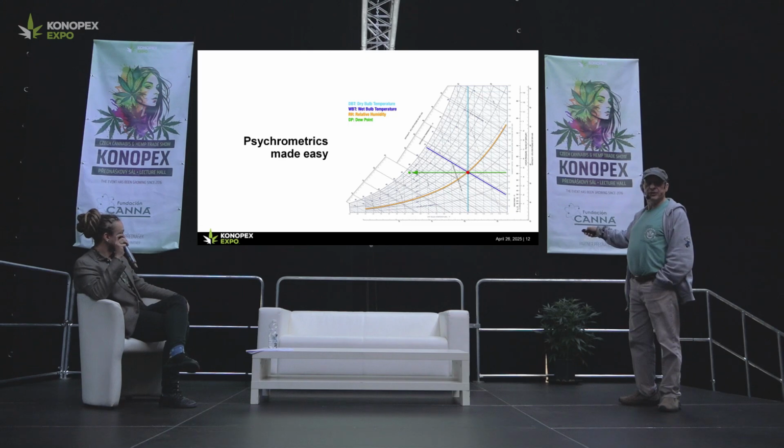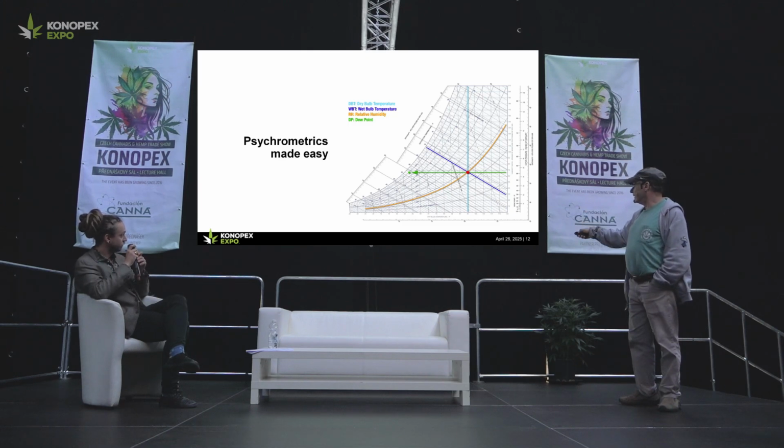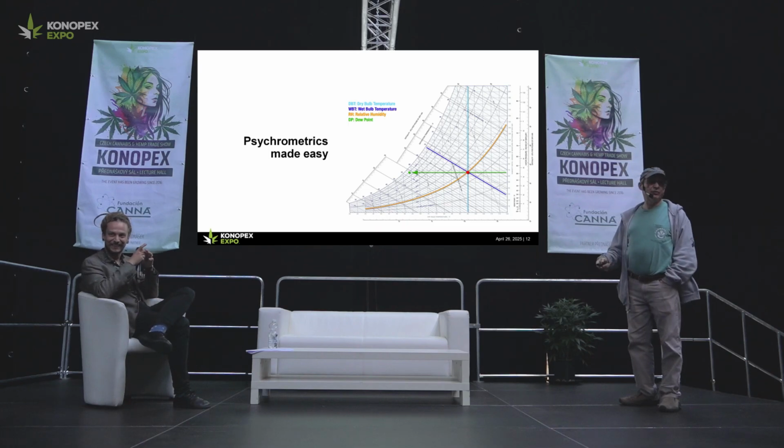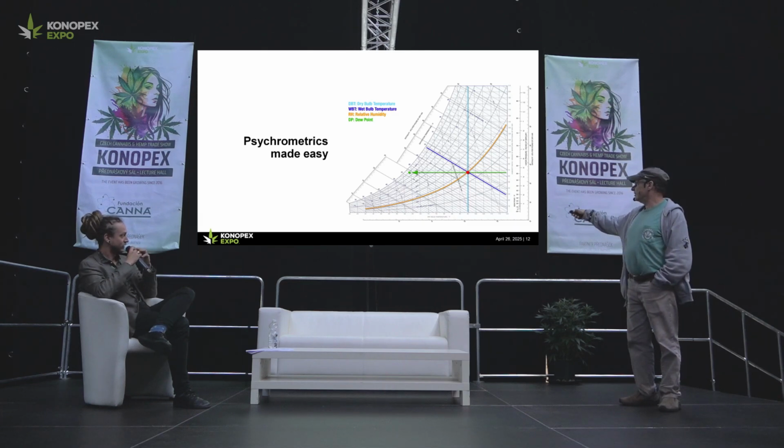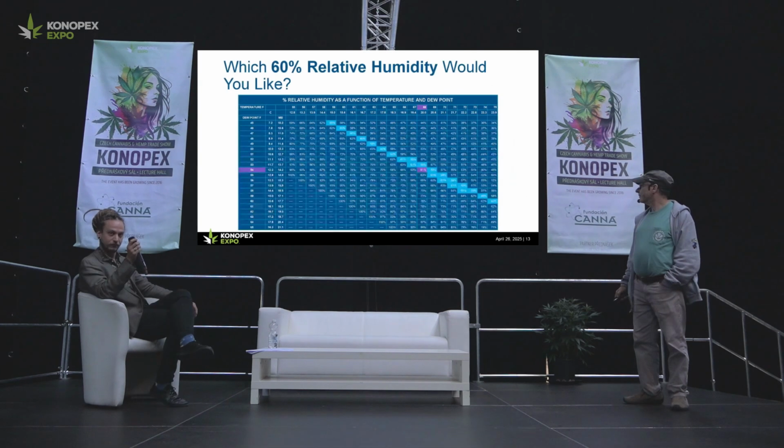Where the temperature, which is the blue line, and the amount of moisture in the air, the green line, intersect, the curved line is relative humidity. So people who say they control relative humidity, that means they can move the dot on this curved line. You can't. You can change the temperature, you can change the moisture, and the result is relative humidity.